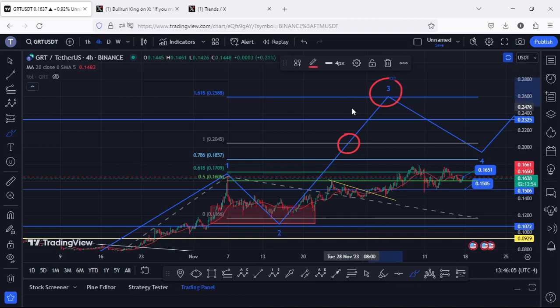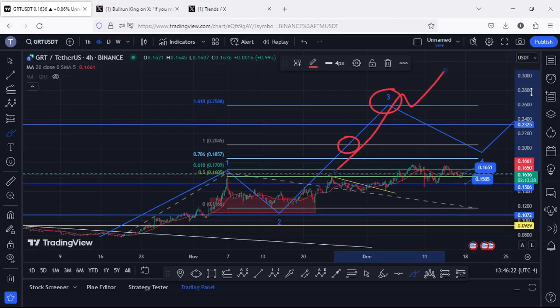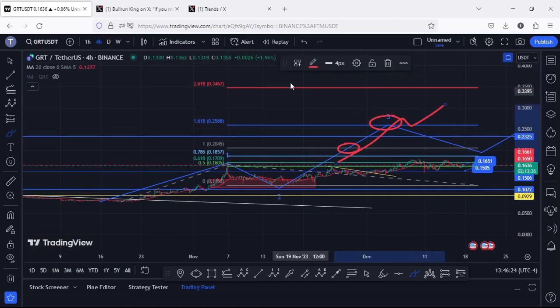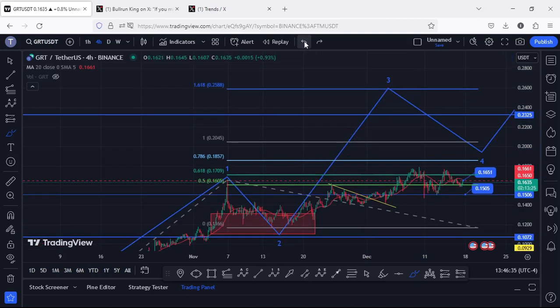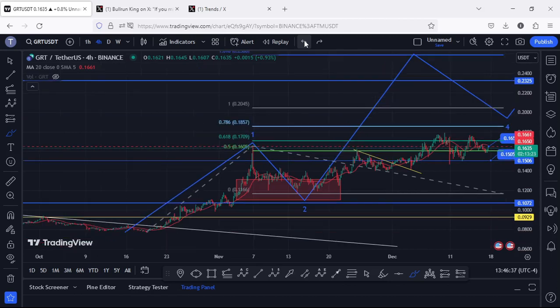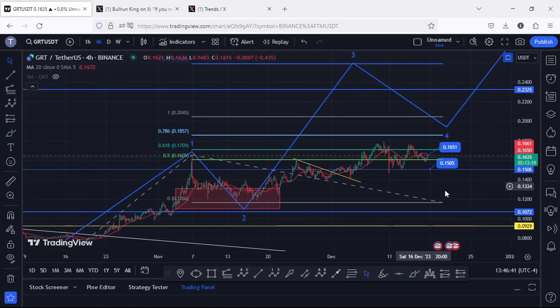And if by any chance GRT is able to break above areas of resistance and fully maximize these target areas, continuing to show that impulsive move to the upside, then we can extend our target area to the fib level 2.618, and that is above the $0.3467 mark. So those are the target areas that I have here on the GRT chart for the next coming hours in case we manage to break above areas of resistance.